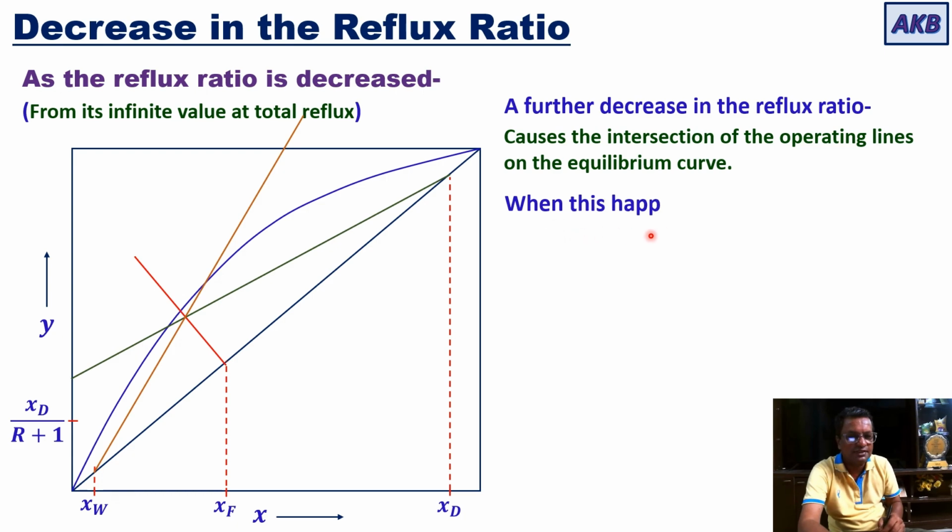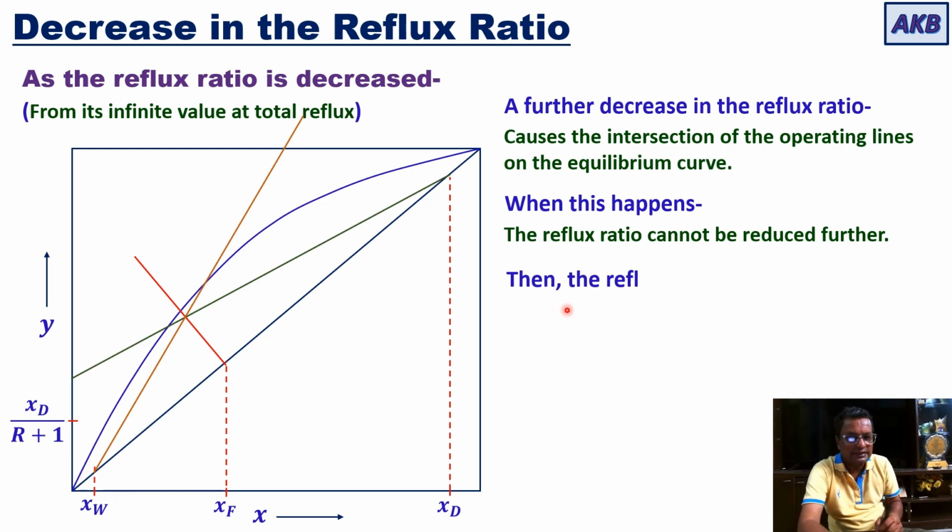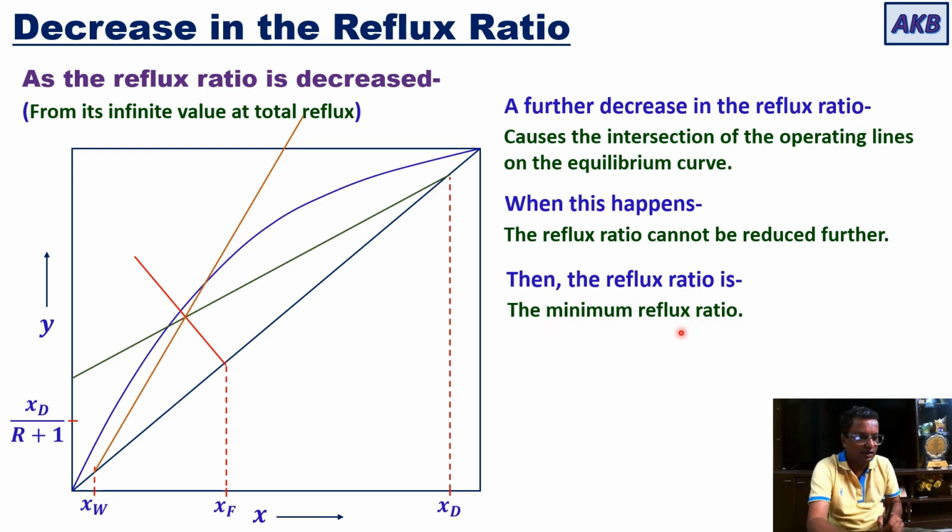And when this happens, the reflux ratio cannot be reduced further, and then that reflux ratio is the minimum reflux ratio. So when the operating lines intersect on the equilibrium curve, then you cannot decrease the reflux ratio beyond that point. Then you have what is called the minimum reflux ratio.